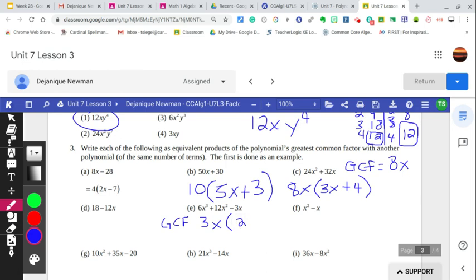X to the third divided by x, you subtract the exponents, is x squared. And then minus 3x divided by 3x is 1. Right, so we got 2x squared. 12x divided by that is minus 4x plus 4x. And then minus 1.